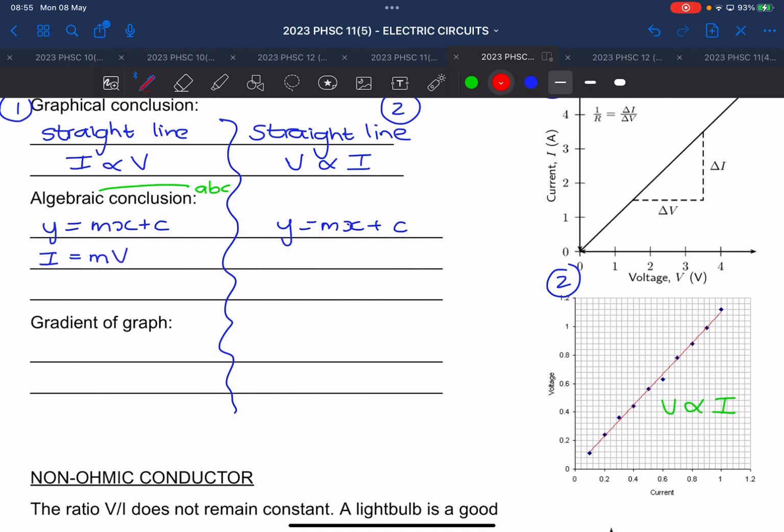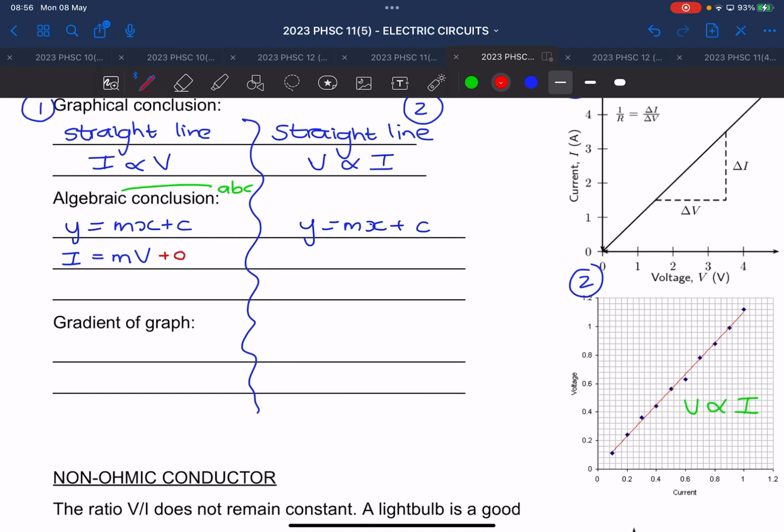And what is c again? Where does it intercept the y-axis? At 0, so it's plus 0. Then I put in a new step because it's an important step. We want to rearrange that so that we get the gradient of the graph. So we want m is equal to I over V.